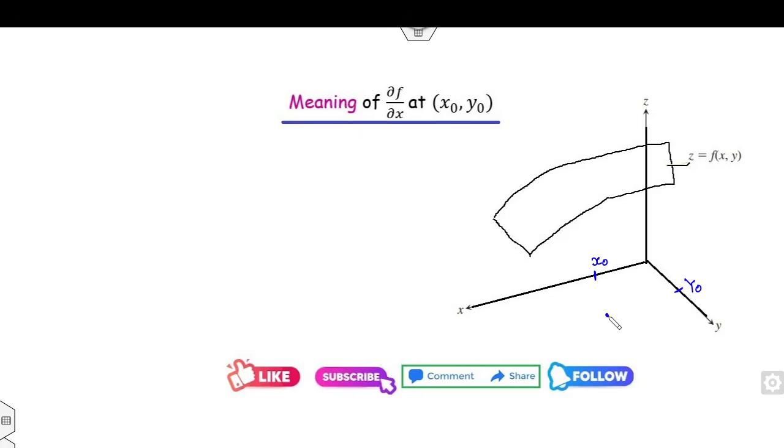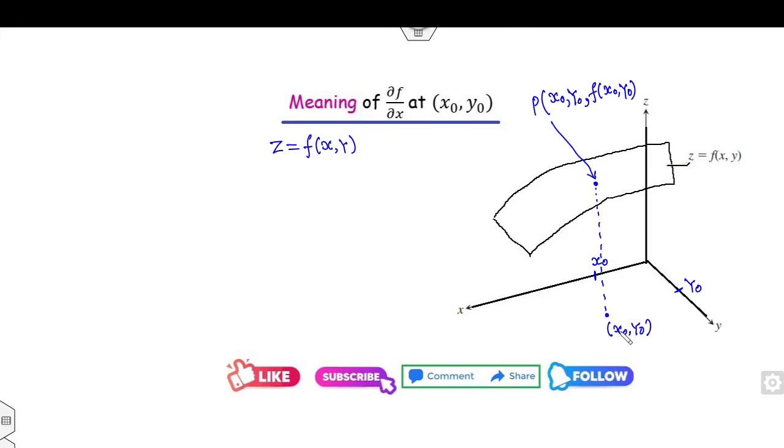The corresponding point is x naught, y naught, and the corresponding value of the function f at the point x naught, y naught. So this point I call P, whose coordinates are x naught, y naught, and the value of z is f of x naught, y naught.